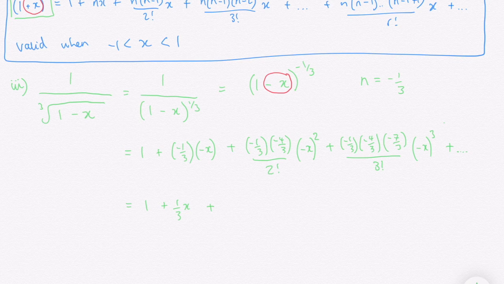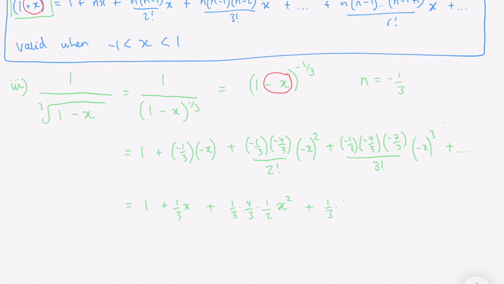We have 1 times 4, so we have a third times 4/3 times 1 over 2 factorial, so times a half, lots of x squared, and we'll simplify that later. And then we have a third, and notice here we're going to have 6 negative signs being multiplied together, so this definitely is positive.